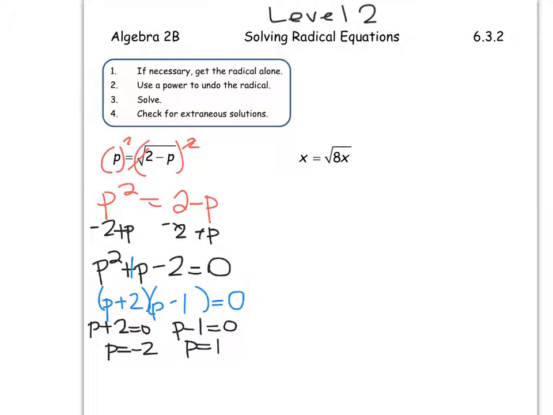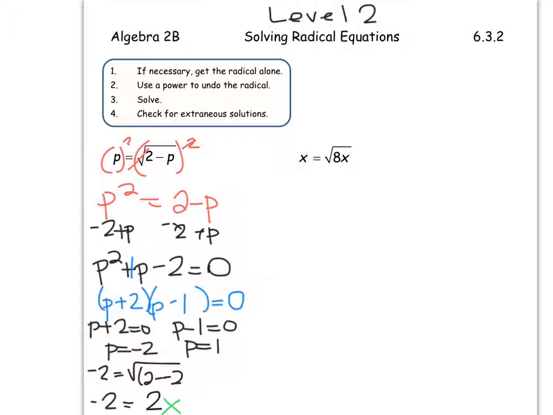Okay, so the confusion on this one will be that you have to put in the negative 2 for both p's, the p on the left and the right. So when we're checking, we'll have negative 2 equals the square root of parentheses 2 minus negative 2. I'll have to make sure that works. When I type that into my calculator, I get negative 2 equals, when I type this side in right here, I get positive 2.